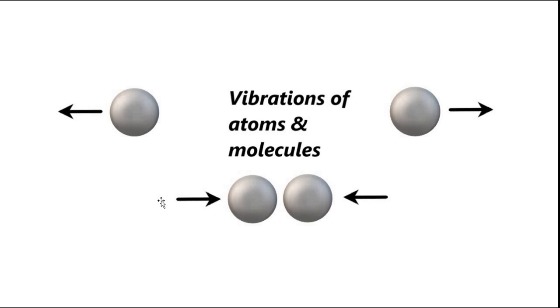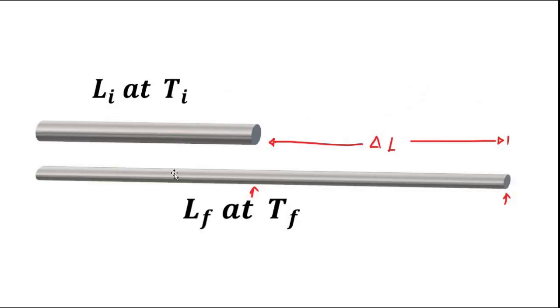As a result of this increase in separation between atoms or molecules, the object undergoes an increase in size, here in terms of length, in one dimension. If you notice, the increase has happened only in one direction. So here we have discussed linear expansion.